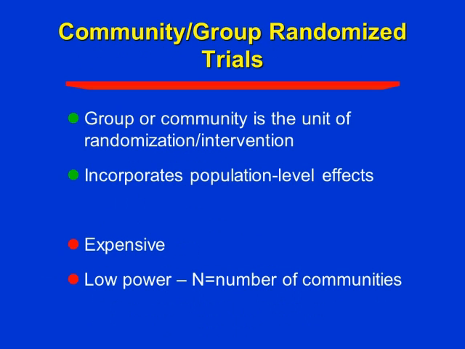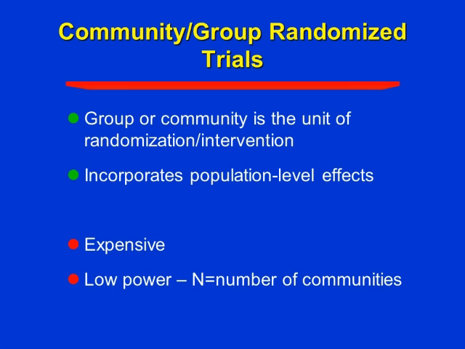A variation on the theme of randomized controlled trials are community or grouped randomized trials. In this case, the group or the community is the unit of randomization or intervention. And these are often trials that are done to test interventions that would have a population level effect.